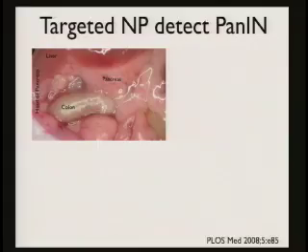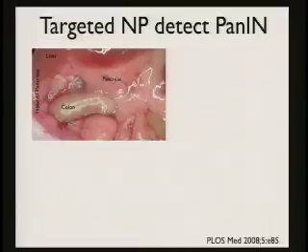And I'll just show you one specific example where we injected mice that now bear PanINs, pancreatic intraepithelial neoplasia, the precursors to full-blown pancreatic cancer. An intraoperative view here, the pancreas is shown by this pink tissue.